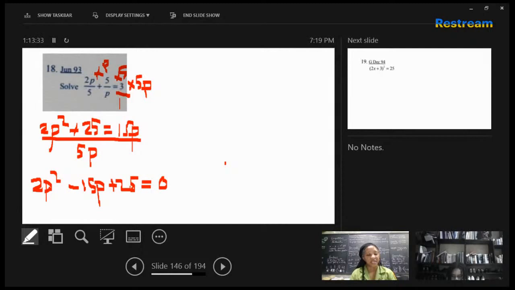Factors of 50 that add to give negative 15. 2 times 25 is 50, and which two numbers multiply to give 50 and add to give negative 15?